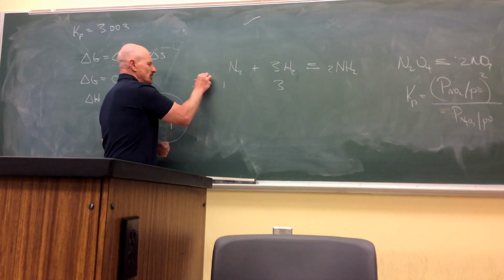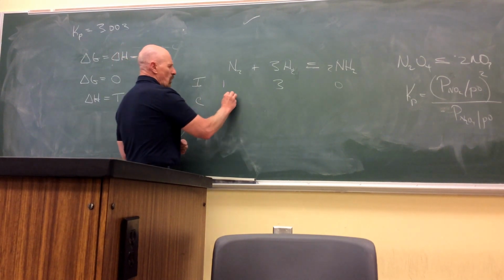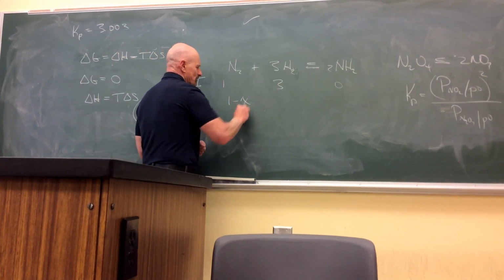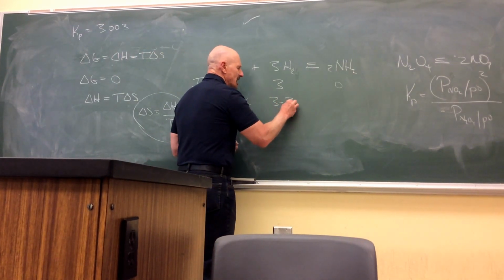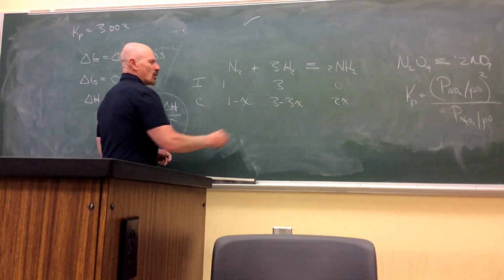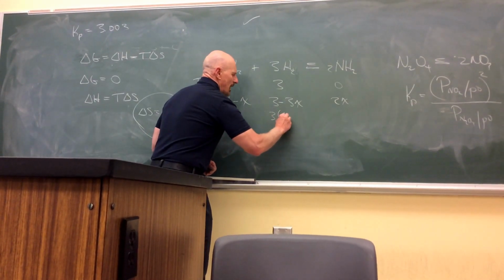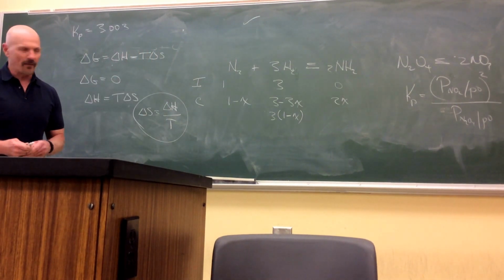If that's initial, we'll start with 0 amount of the product, then the change will be 1 minus x, and this change will be 3 minus 3x, and this will be 2x. Of course, this can be expressed as 3 times 1 minus x. So I get you started on that.